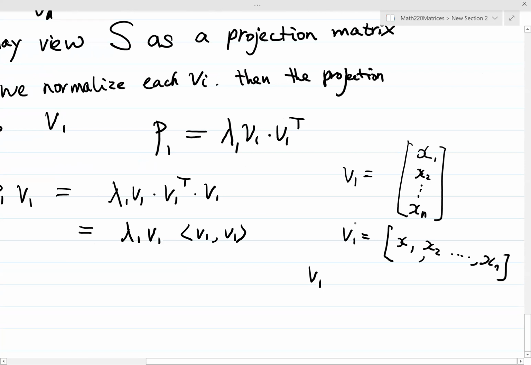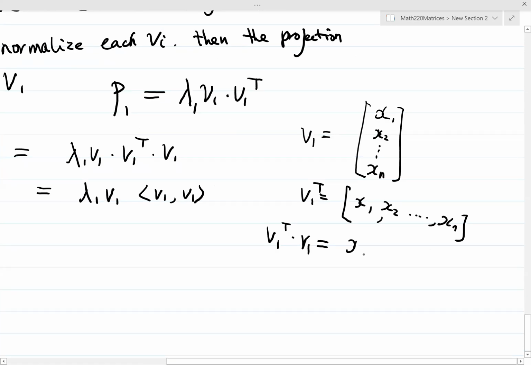A row vector times a column vector is a dot product, which gives x1 squared plus x2 squared plus up to xn squared.